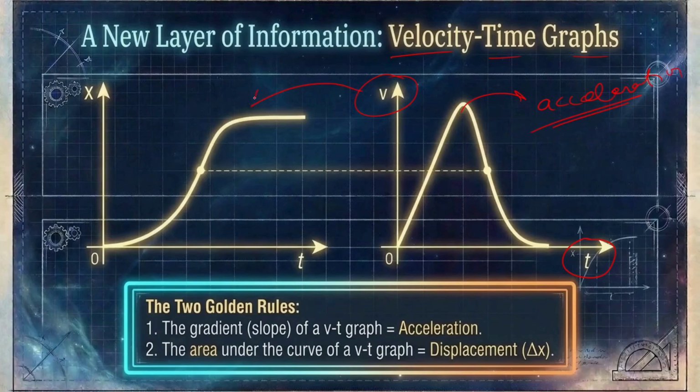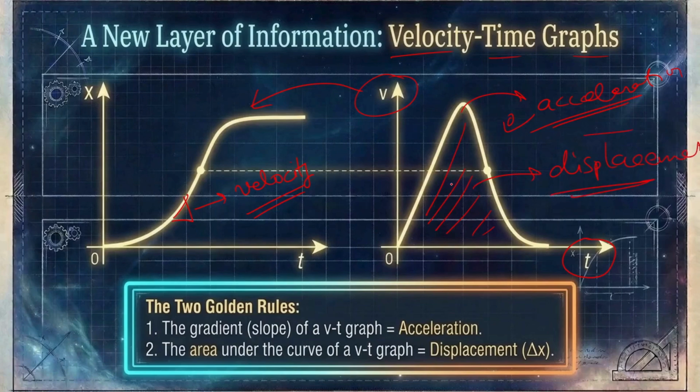On the other hand, if you find the slope of the position versus time graph, you will get the velocity. Try to remember it, because we do this same thing when we solve problems. The area under the curve of the velocity versus time graph shows displacement.